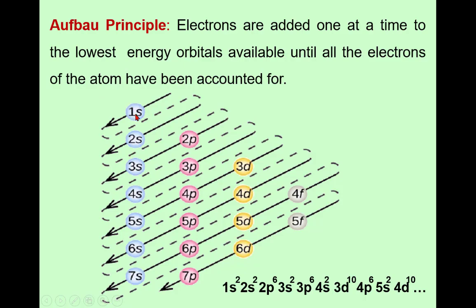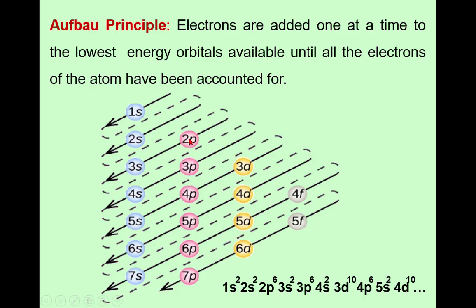For example, the s orbital can accommodate just 2 electrons, the p orbital just 6 electrons, the d orbital 10 electrons, and the f orbital 14 electrons, and they have their orientations also. The s orbital has just a single orientation, meaning the 2 electrons are placed in one orientation, and its shape is spherical.